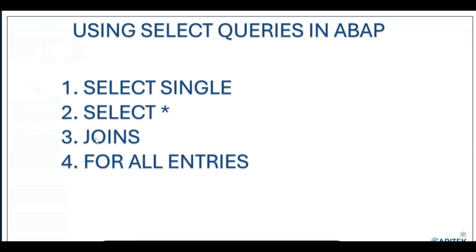So in order to avoid that complexity, in ABAP we have a concept called FOR ALL ENTRIES. Using that concept, you can overcome the complexity of joins. So we will learn FOR ALL ENTRIES, which is an alternative to joins as well.